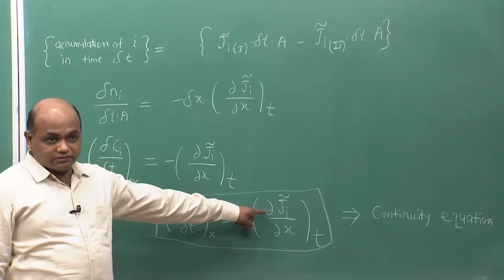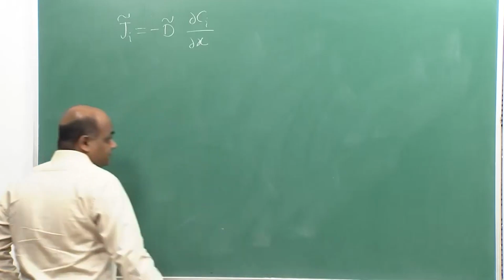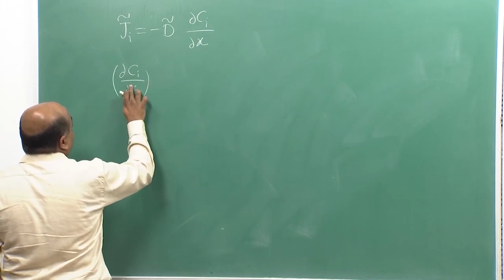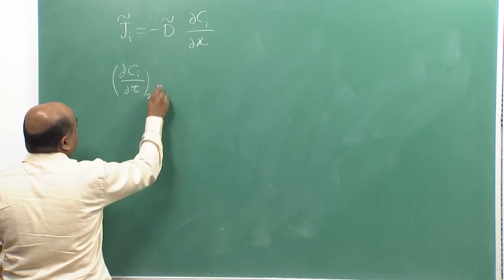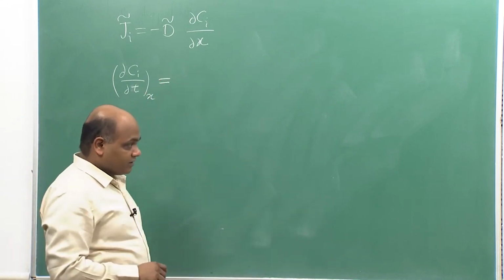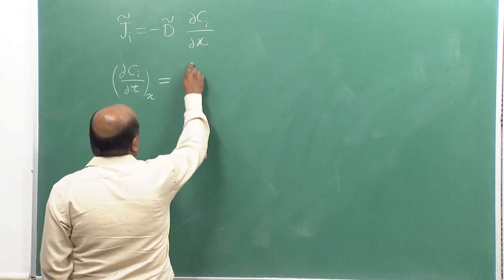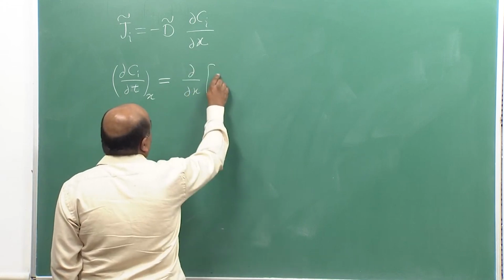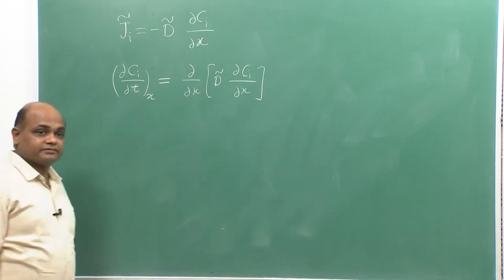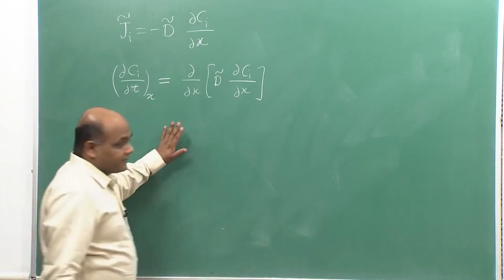So, if I substitute Fick's law equation in the continuity equation, I get dou Ci by dou t at x should be equal to, I write Gi tilde equal to minus d tilde dou Ci by dou x. So, negative sign will vanish. So, dou by dou x of d tilde dou Ci by dou x. Clear?